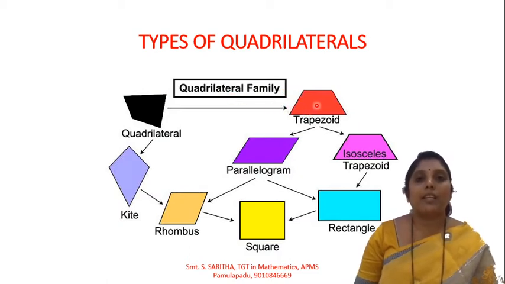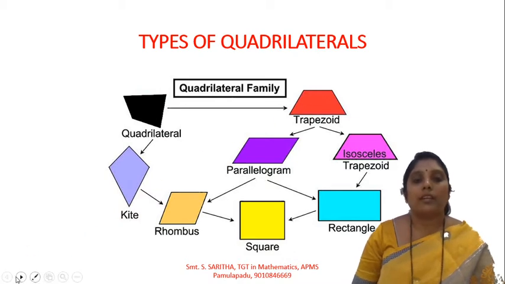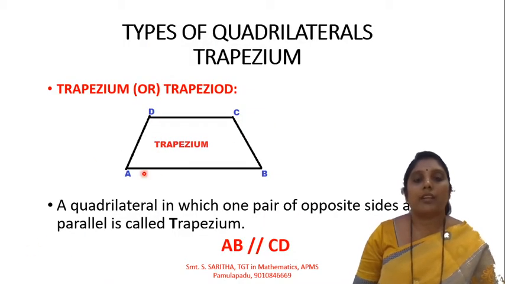First in this family, we discuss the trapezoid, that is, trapezium. Observe the quadrilateral ABCD here. In this quadrilateral ABCD, the line segment AB is parallel to the line segment CD.